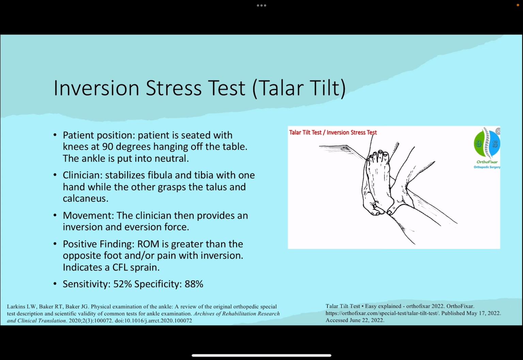A positive finding is if the range of motion is greater than the opposite foot on the injured side, or there's pain with inversion, which indicates a calcaneofibular ligament strain. The sensitivity of this is 52% and the specificity is 88%.